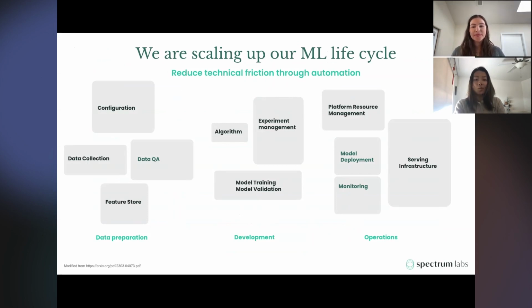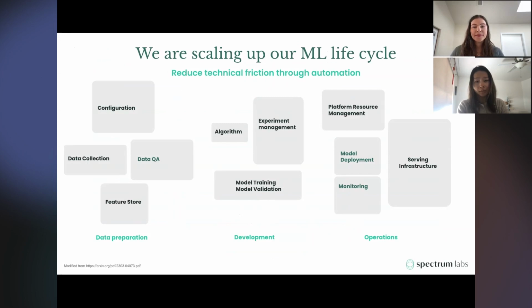In other words, we are really looking for switching mode of operation. So instead of working with a proof of concept type of mentality, we need to optimize for a seamless task production. So generally speaking, we can break down ML life cycles into three parts: data preparation, development, and operations.